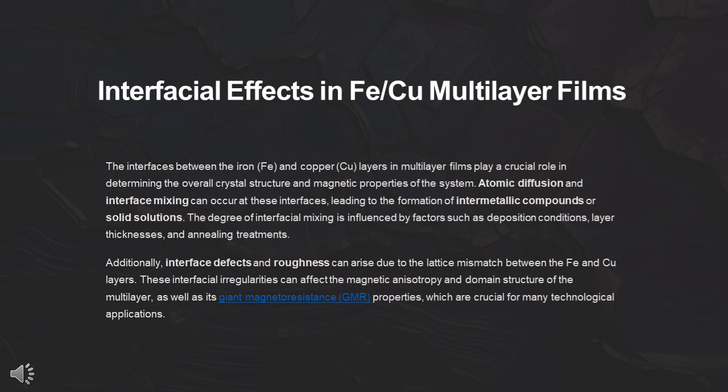These interfacial irregularities can affect the magnetic anisotropy and domain structure of these multilayers, as well as their giant magnetoresistance, or GMR, properties, which are crucial for many technological applications.